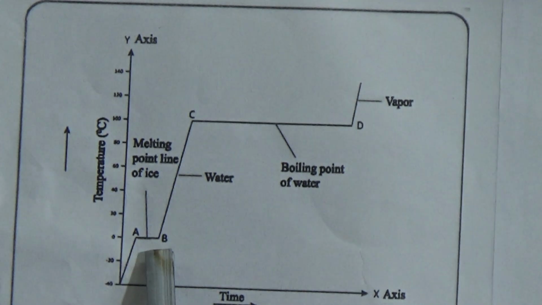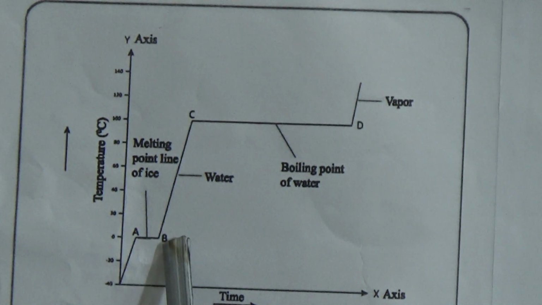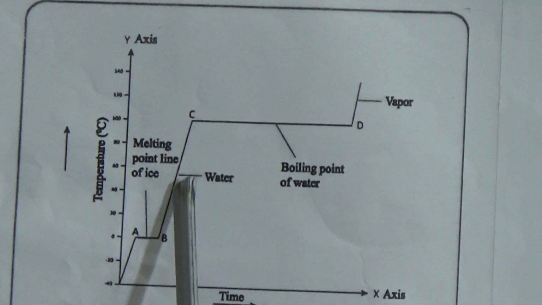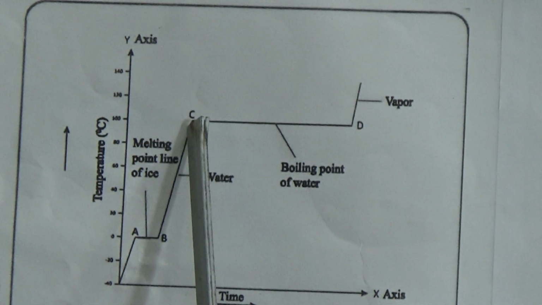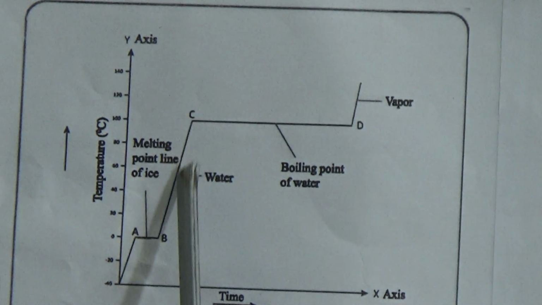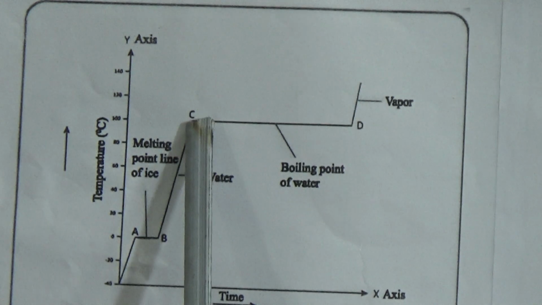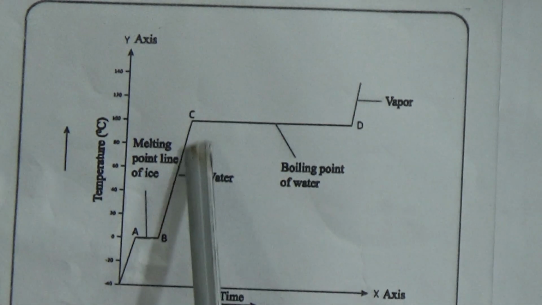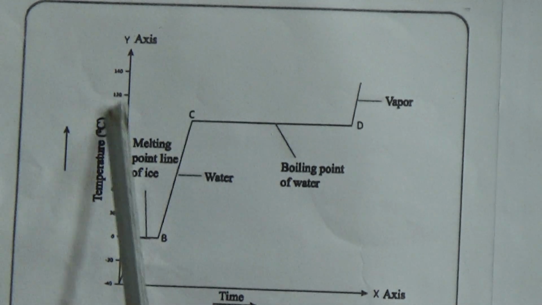After melting all the ice, it turns to all liquid water, and from 0 degrees Celsius, if we provide heat, then again the temperature of water will start increasing, and up to 100 degrees Celsius it will increase its temperature. Then at point C, it is at 100 degrees Celsius.